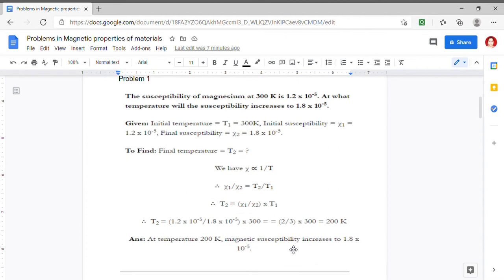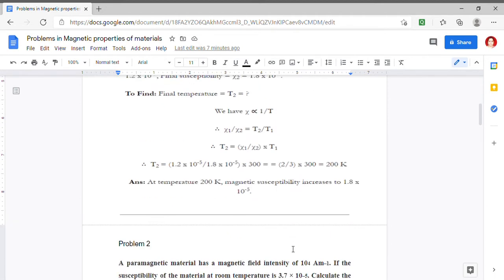So, at temperature 200 Kelvin, the magnetic susceptibility chi increases to 1.8 into 10 raised to power minus 5. So, the solution of our problem is temperature equal to 200 Kelvin.